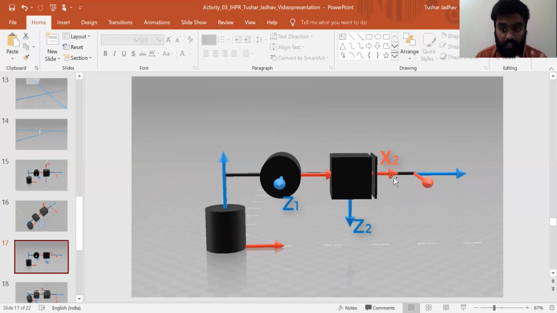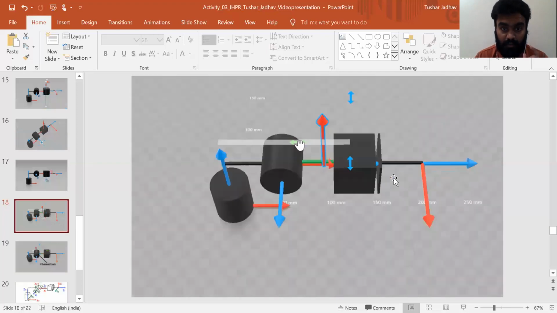Due to this violation, what we do is translate this frame to the previous frame. Now be very sure about this. What I mean by translate is that we draw a perpendicular imaginary line from z1 to z2, and we translate the frame.